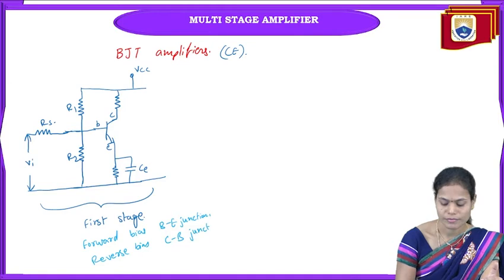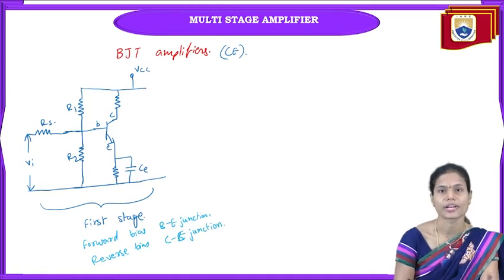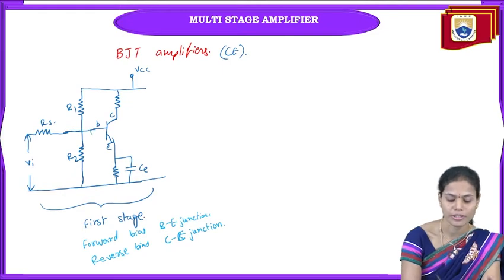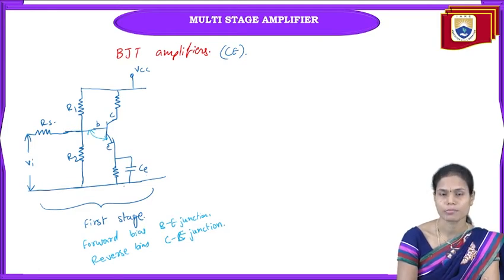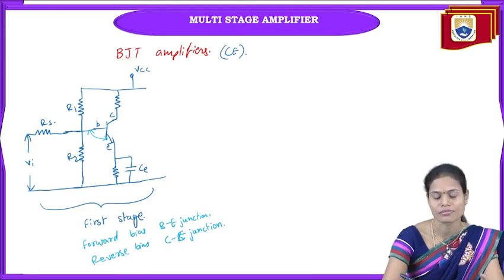That is, between base and emitter we have to provide the forward bias, and between collector and base we need to provide the reverse bias. When we provide the biasing in this way, we can operate the transistor in the active region.